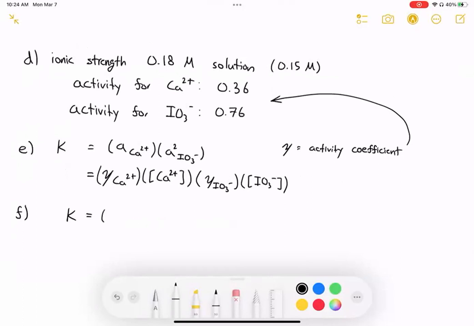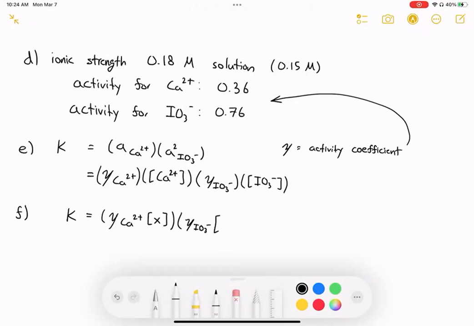So use gamma times the coefficient of Ca2+ times X, because remember calcium is going to be the same value as the solubility, X, times the coefficient of the iodate ion right here times 2x.